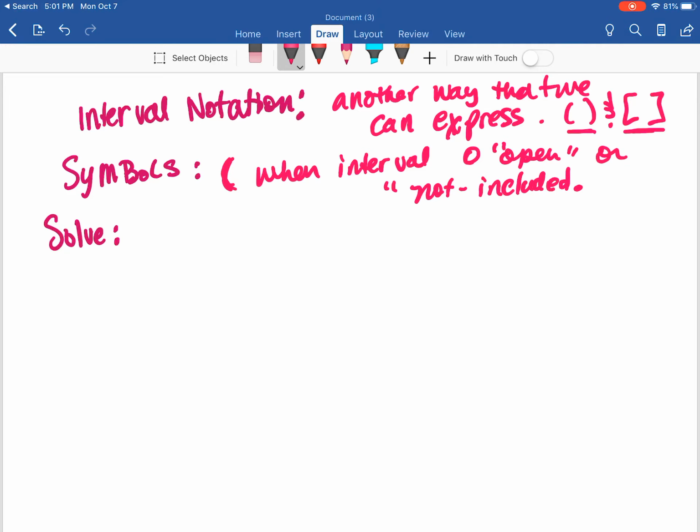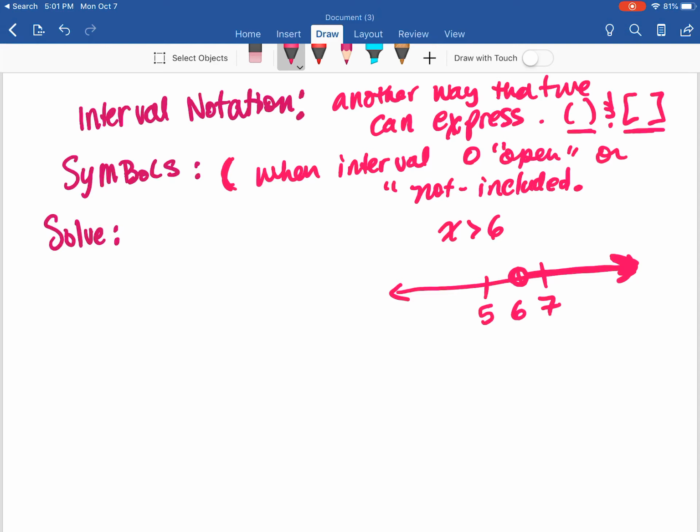Now, you've seen the term, let's say if I have x is greater than 6, if I were to graph that on a number line, and let's say I have 6 and I have 7 and I have 5. So this would be an open circle, and it would be all the values of x to the right.